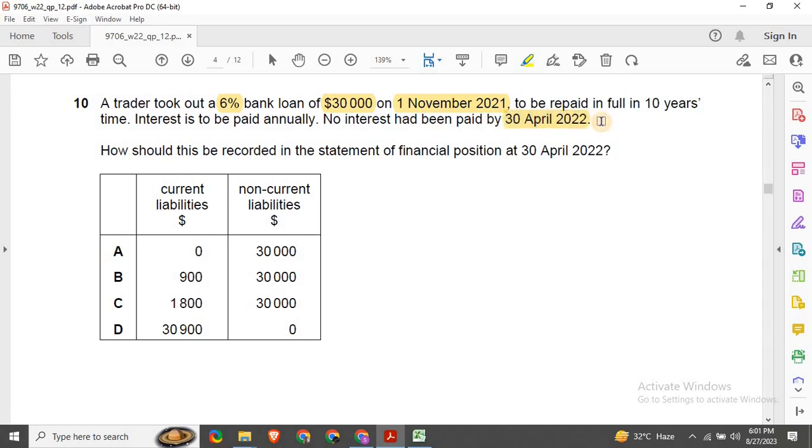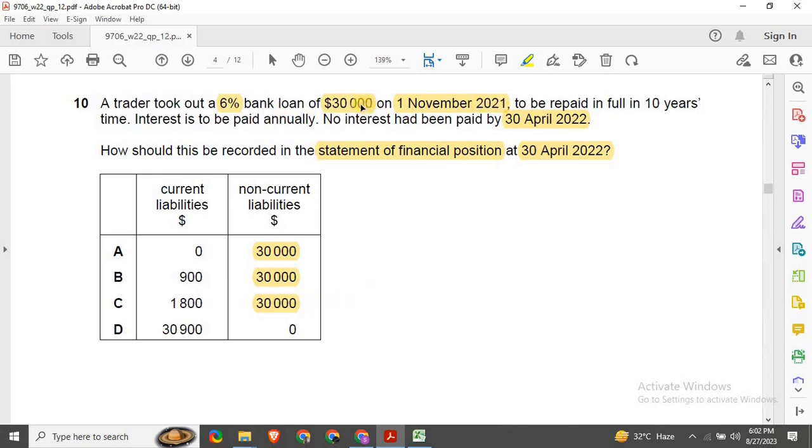So question is, how should this be recorded in the statement of financial position at 30th April 2022? In statement of financial position, we'll write down our non-current liability, which is 30,000 here. So either this option or this option is correct.